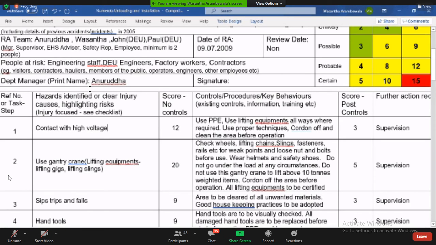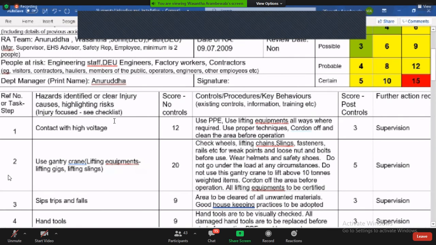Assume doing some sort of activities at your main panel board area. Contact with high voltage. Assume there are a lot of staff there. There's no mechanism to avoid unauthorized access. And there will be low skilled persons over there.